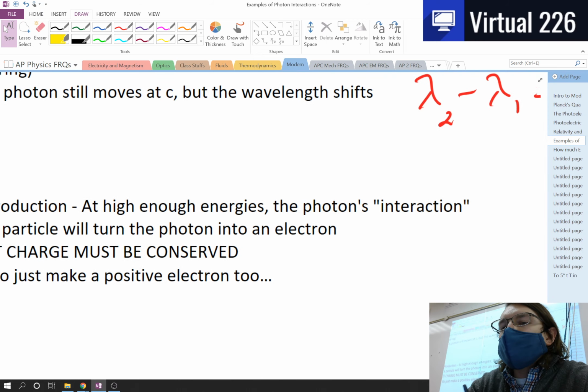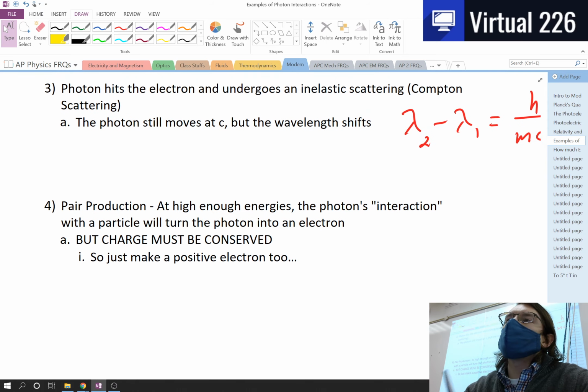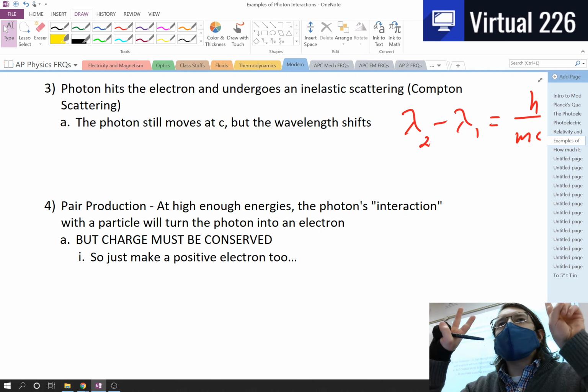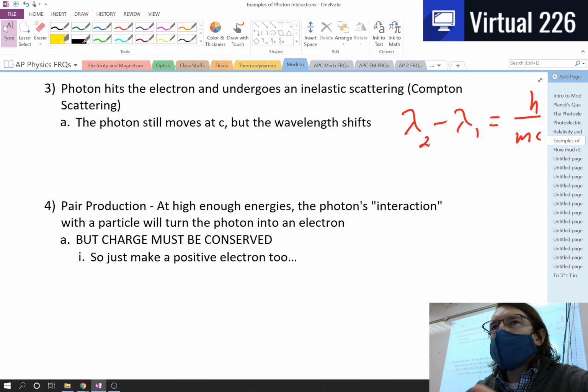The fourth thing that we could do here in terms of a photon interacting with some electron is that the photon isn't really going to interact with the electron. What's going to happen is a photon is going to have so much energy that its interaction with a particle is really going to do the following. It is going to turn the photon into an electron.